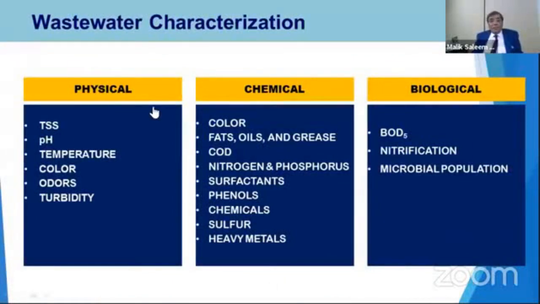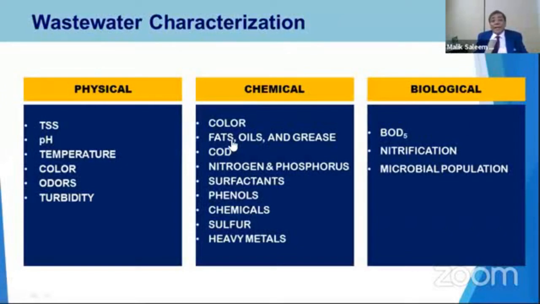Now, before I talk about that, there are mainly 3 types of contamination in wastewater: physical, chemical, and biological. In physical, we have TSS, pH, temperature, color, odor, and turbidity. In chemical, we have color.